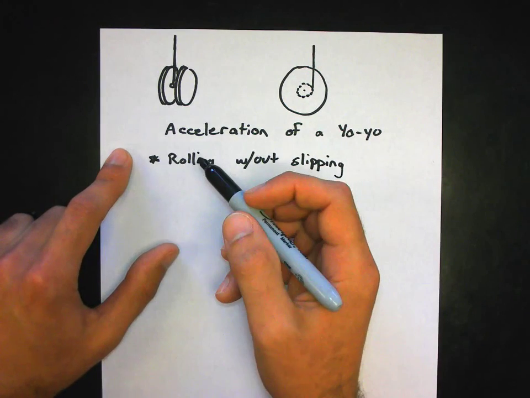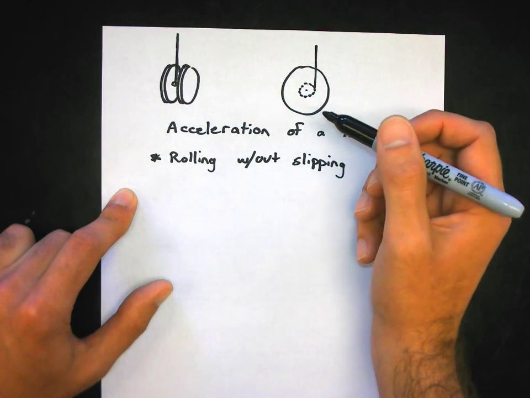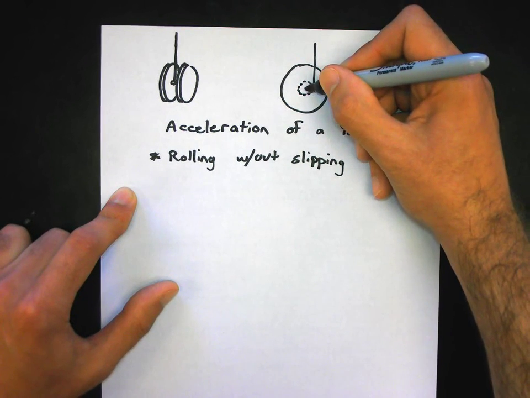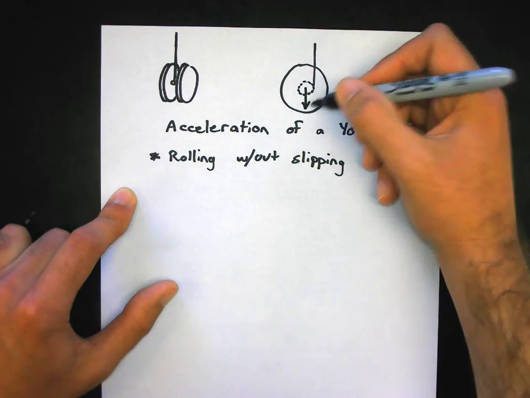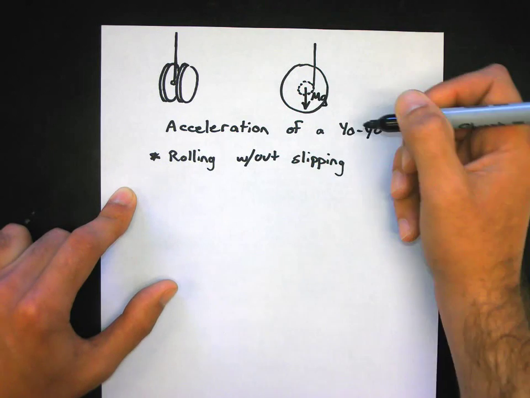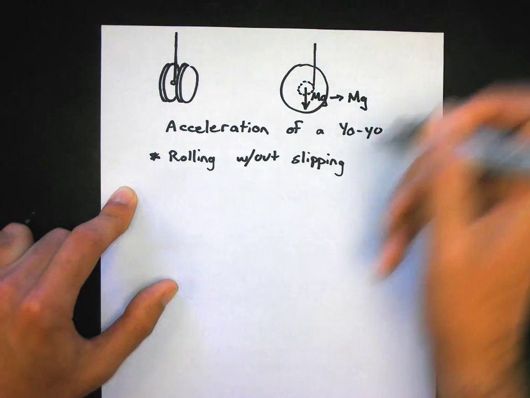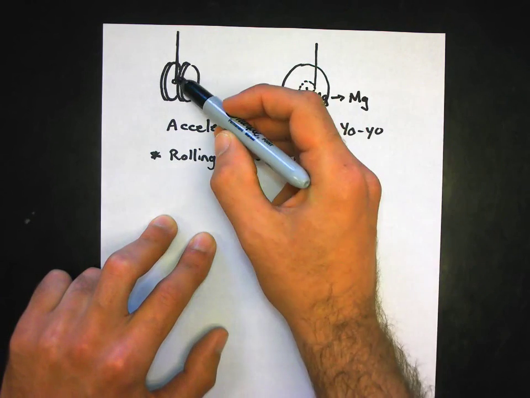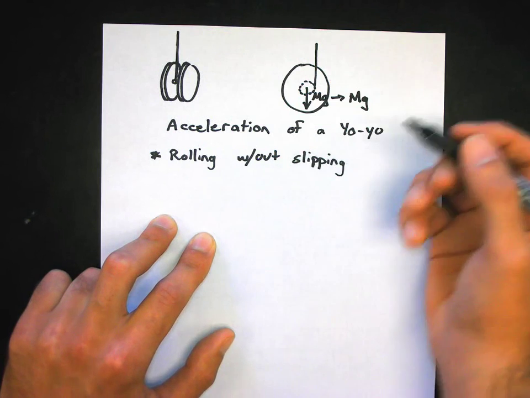So the first thing we want to look at to be able to find the acceleration is what are all those forces acting on this yo-yo. We already know what's pulling it down, that force of gravity, right? So we have a vector pulling it downward with some magnitude, mass times gravity. Or let me write it out over here. So mass times gravity. And then what would be pulling it up? We have that it's attached to a string that's going up, which would be attached to your finger.